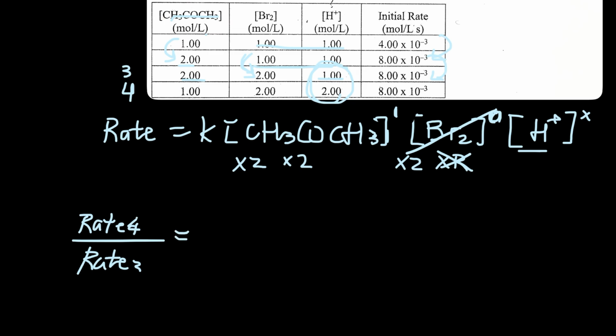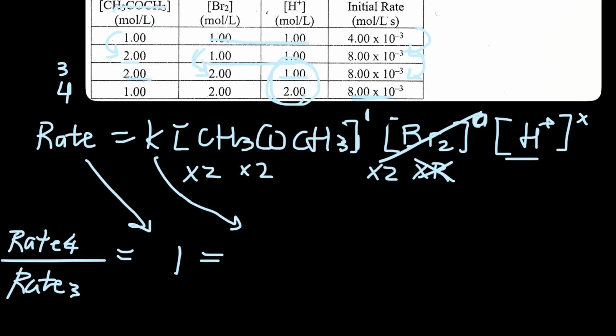And what you're going to do is just insert the rate law into these rates. So the rate of experiment 4 is apparently 8 times 10 to the -3, and it's the same for rate number 3. So the same thing divided by the same thing is going to be 1. And for rate 4, we're going to just insert the rest of the rate law in here.